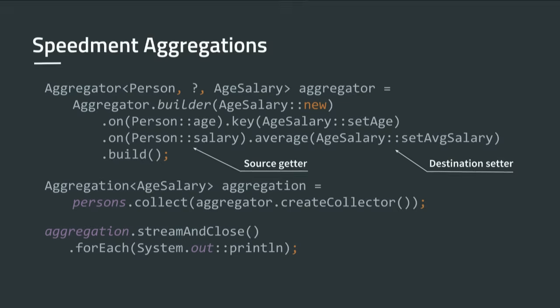We build that aggregator, and then that aggregator can be used to consume a stream of persons. And that is why I wanted you to remember this idea of being able to parallelize things and actually using streams and consuming streams and collecting streams via a collector as a very efficient way of doing things. I'll come back to that in a little bit later.